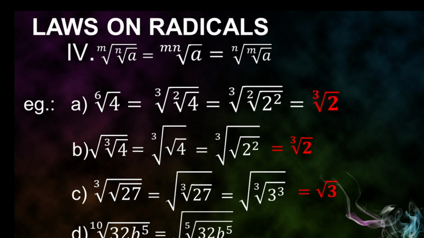Therefore, we can have the square root of the 5th root of 2 raised to 5 b raised to 5. As you can see, the exponent of our radical is equal to our index. So therefore, we can cancel it. Therefore, we are left with the square root of 2b.